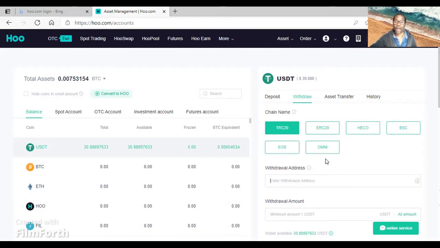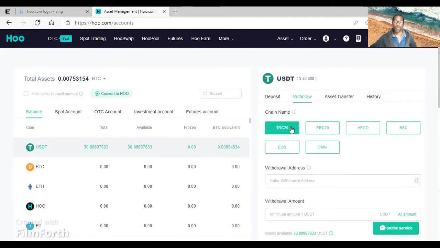I will rather encourage that you transfer or withdraw your USDT using TRC20 because of the cost. ERC, the Ethereum network, charges so much, so I don't encourage that.